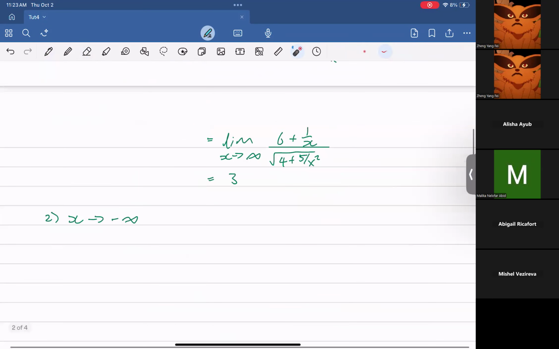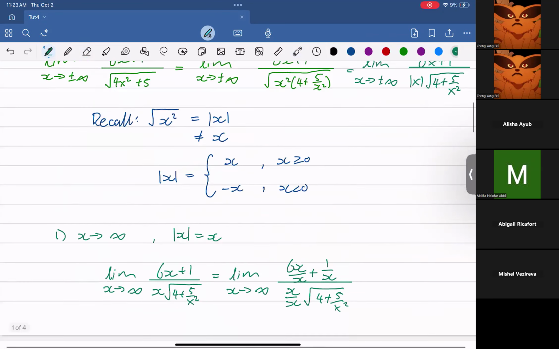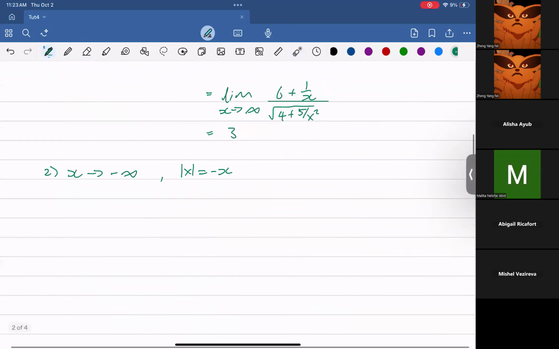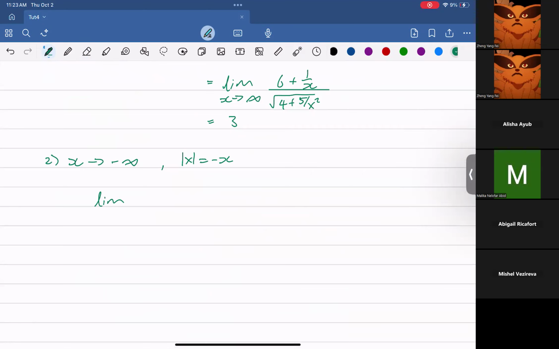So the absolute value of x is equal to negative x. In terms of our limits, if we continue from here, we have the limit as x goes to negative infinity of 6 plus 1 over x, divided by negative x times the square root of 4 plus 5 over x squared.